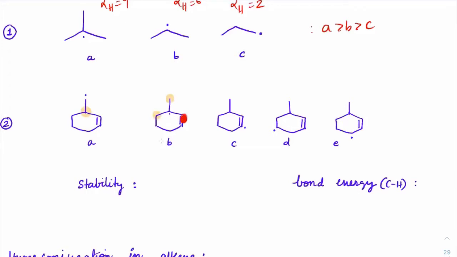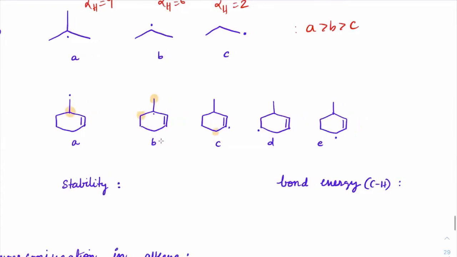The other side is a double bond, so we will not be counting anything present on the double bond. So here there is one alpha carbon. Now if we check here, with respect to this there are two alpha carbons, and with respect to this you will see there is an alpha carbon here also.